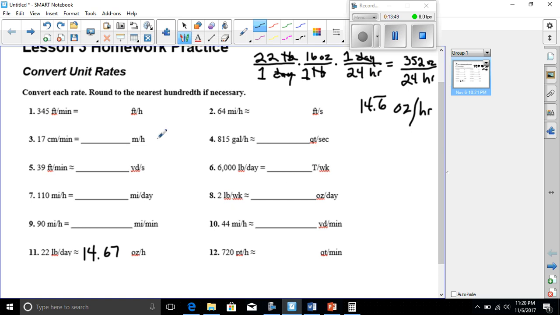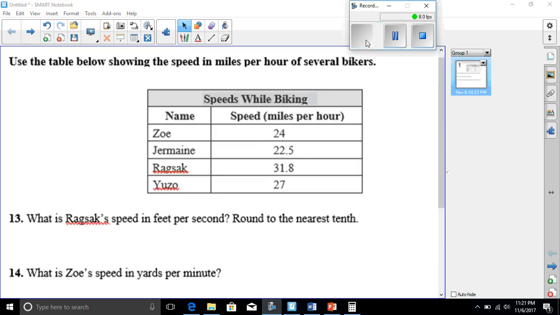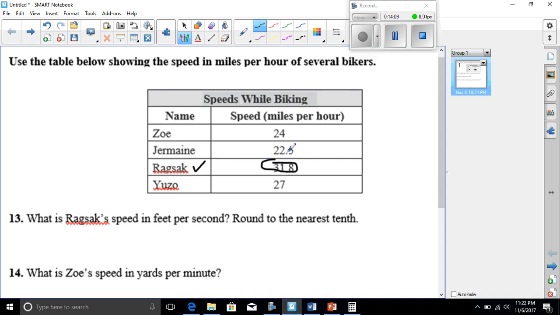All right. Now we're going to do one of the bottom ones, number 13. Number 13 says, what is Ragsack's speed in feet per second? Round to the nearest tenth. All right. Here's Ragsack here. And his speed's given in miles per hour, and that is 31.8, wasn't it?